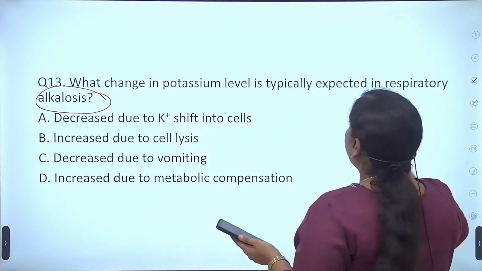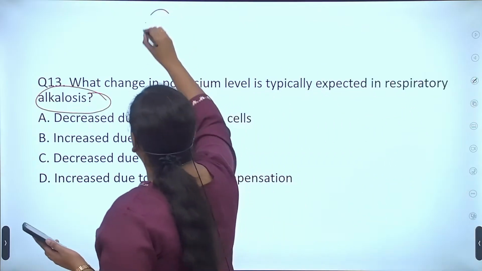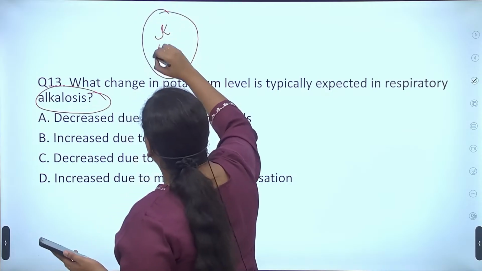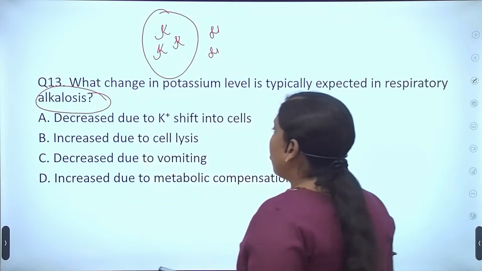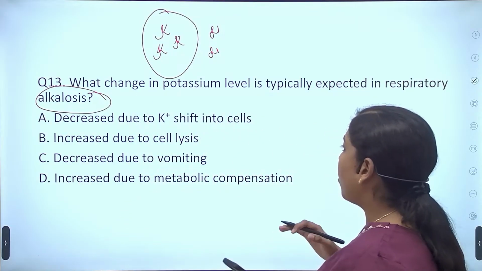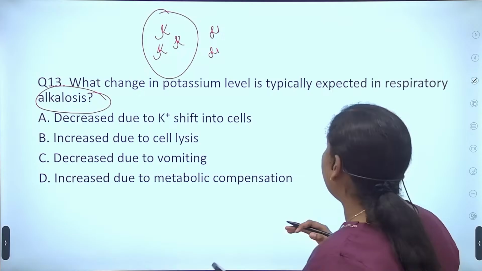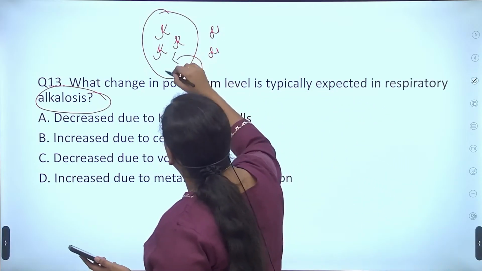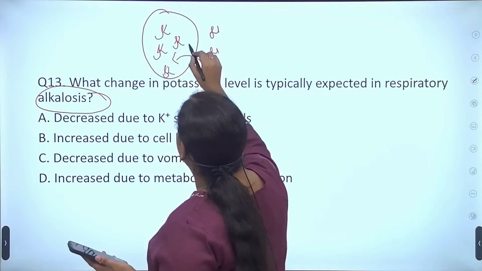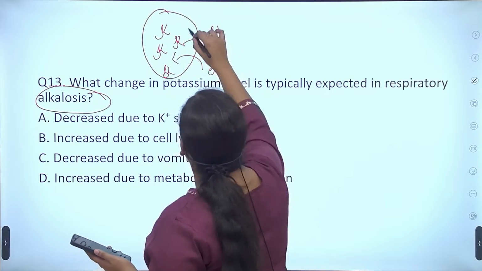What is happening in case of alkalosis is there are potassium ions inside the cell and very few hydrogen ions outside. So in order to maintain the neutrality, potassium will be shifting inside the cell, and trying to put hydrogen outside.